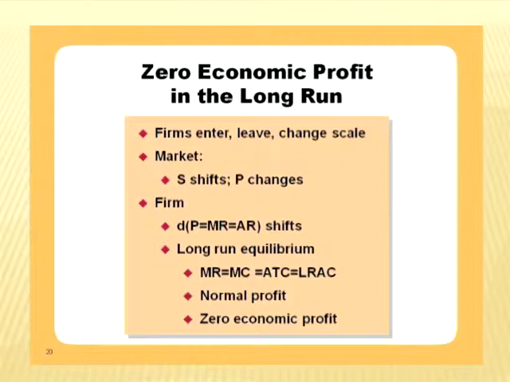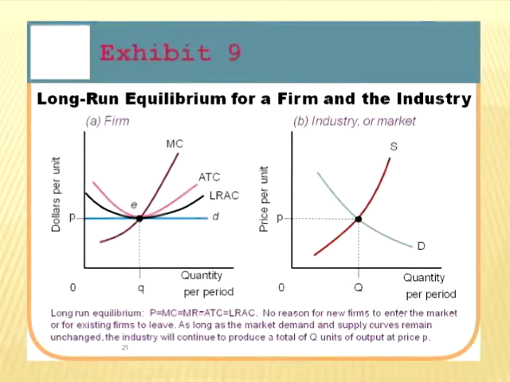Better still, from society's standpoint, and we'll see this in just a second, the marginal revenue equals marginal cost rule will place us at the bottom of average total cost and at the bottom of the long-run average cost curve. So what does that mean for us exactly?